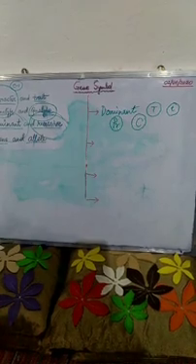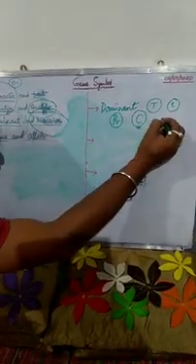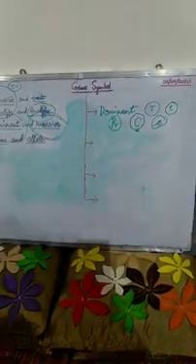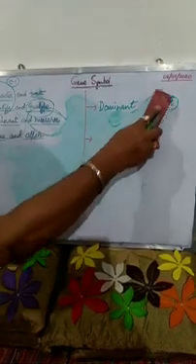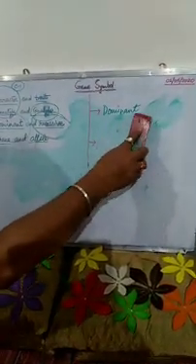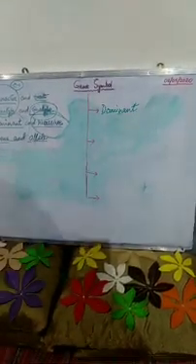The colored rabbits are given the symbol capital C, whereas the colorless rabbits are given the symbol small c. So this is one derivation where the dominant trait's first letter is used as the symbol of the gene.